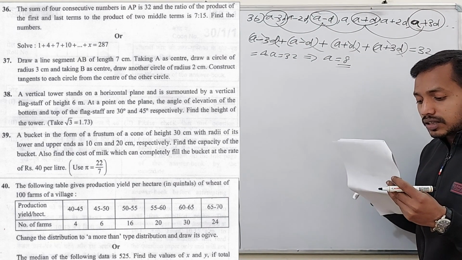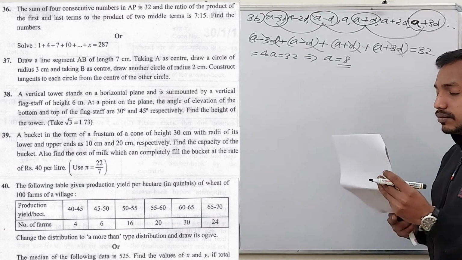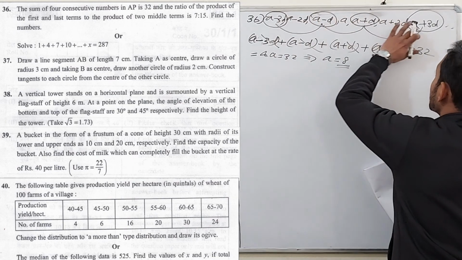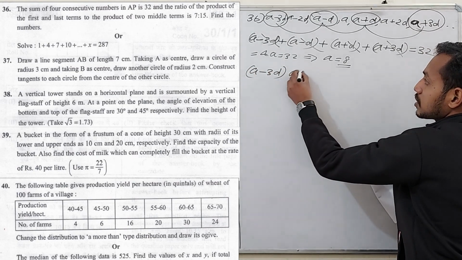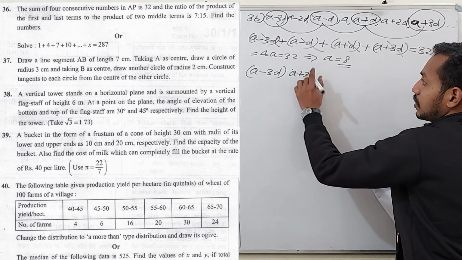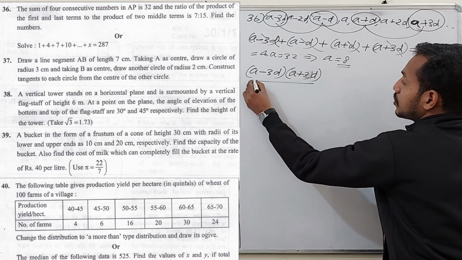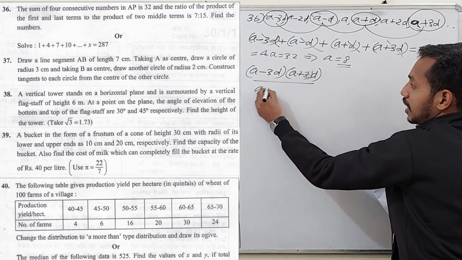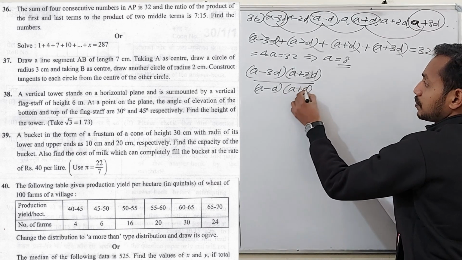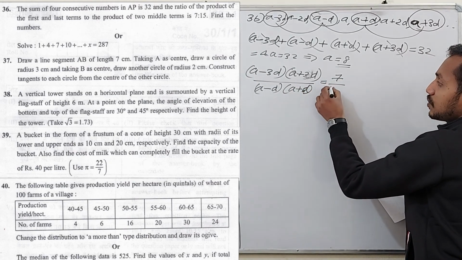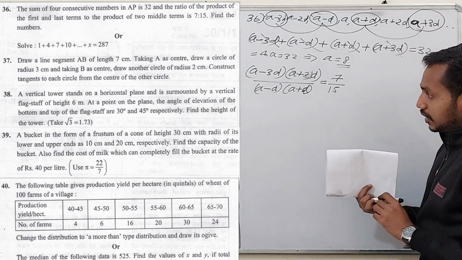And the second condition is the ratio of the product of first and last terms. The product of first and last term is a minus 3d into a plus 3d, to the product of the two middlemost terms, that is a minus d into a plus d, which is given as 7 is to 15, that is 7 by 15.